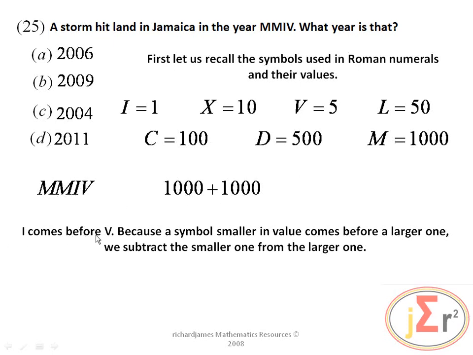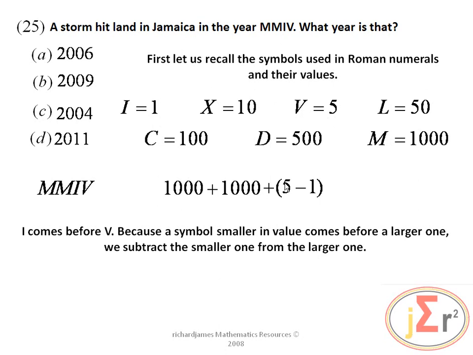I comes before V. What does I represent? 1. What does V represent? 5. In the general rule, the V should go before the 1, and then we will continue adding. However, the I comes before the V, so because the small comes before the large, we subtract.